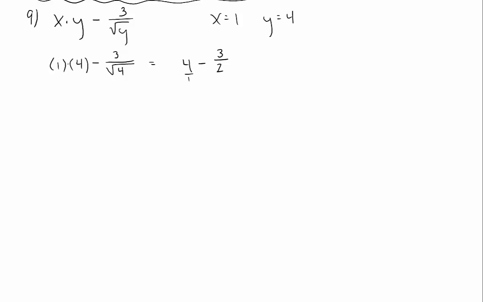And so I'm going to put this 4 over a 1, and I need a common denominator, so I'm going to multiply that by 2, multiply the top by 2, and then I get 8, 2 times 4 is 8, minus 3 over our common denominator of 2, and then our final answer is simply 5 over 2. And we're just going to leave it as a fraction because we're not going to use a calculator. So our final answer for number 9 is 5 over 2.